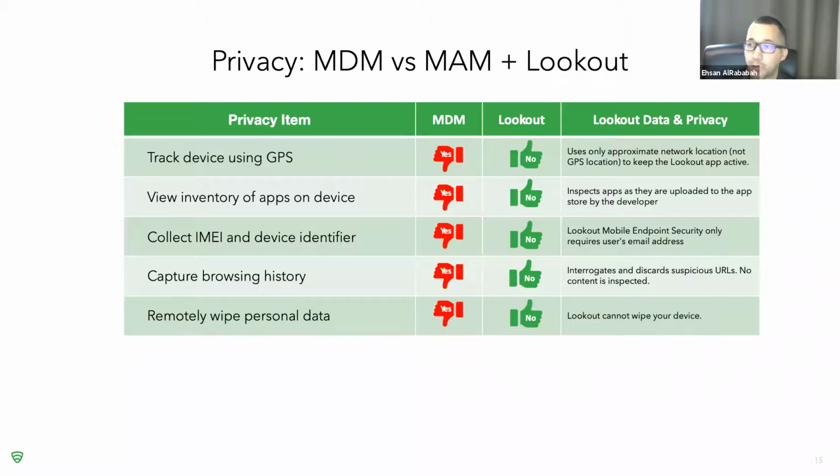So with Lookout plus Intune MAM, you will get comprehensive coverage, equivalent or even more than what you get from the MDM, but without the need to implement a profile that could be seen by the users as an intrusion on their privacy and on their personal devices.